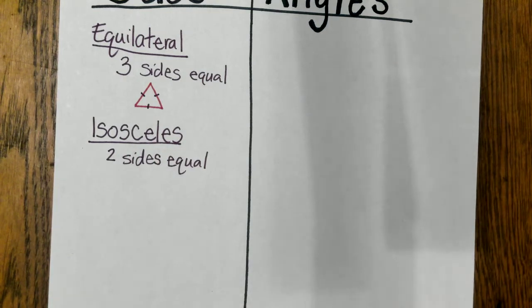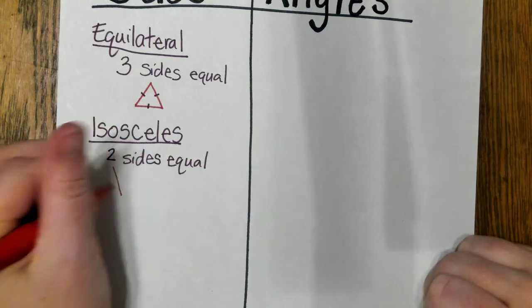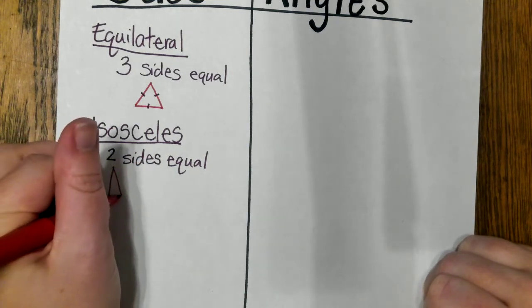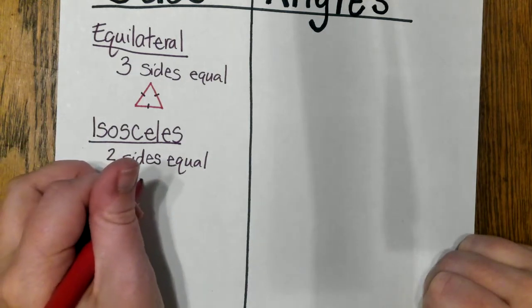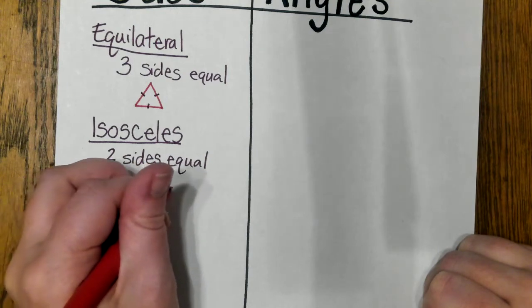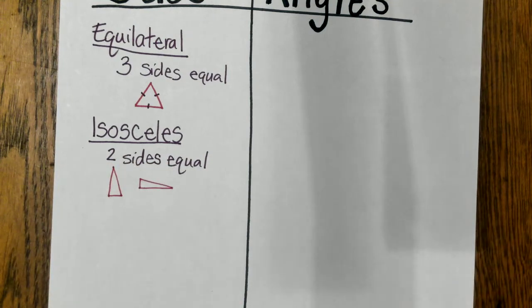An isosceles triangle would look like this. So we have 2 sides that are equal, and we're going to show that they are equal because I don't have a ruler.